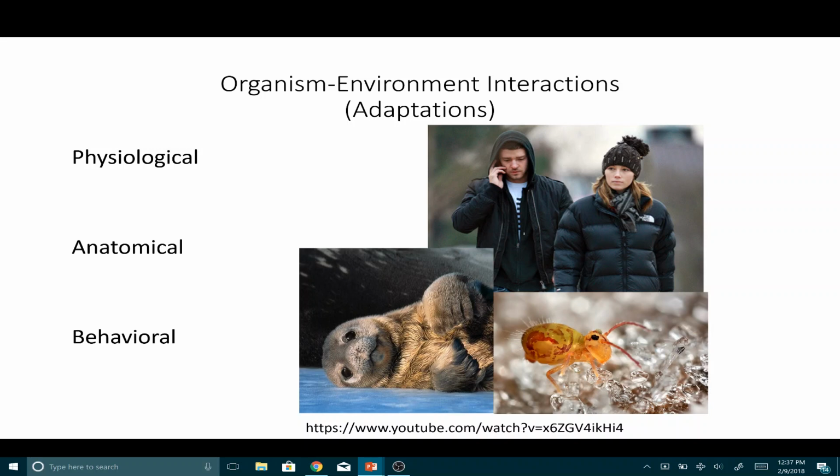in that cold environment. You can also have anatomical adaptations. Here, this is a springtail or a snow flea, and they actually jump from place to place. That is their mechanism to escape predation, which is pretty cool. They can fling themselves way up into the air, which would be equivalent to a human jumping over the Eiffel Tower, which is pretty crazy.